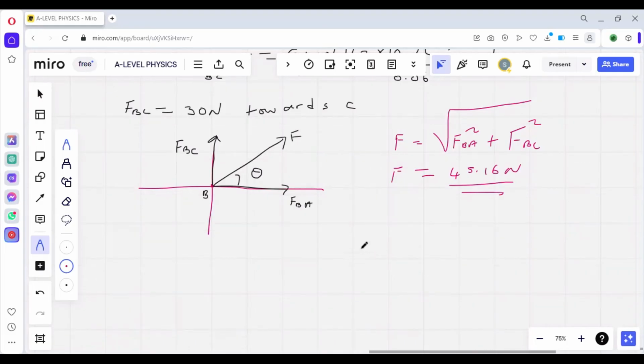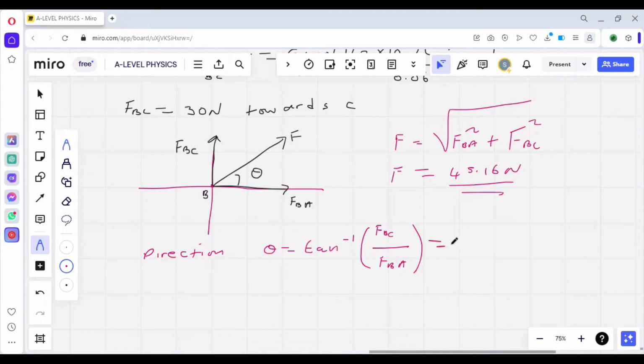Then the angle, the direction, will be theta equal to tan inverse of the y component of this force, which is FBC, over FBA.